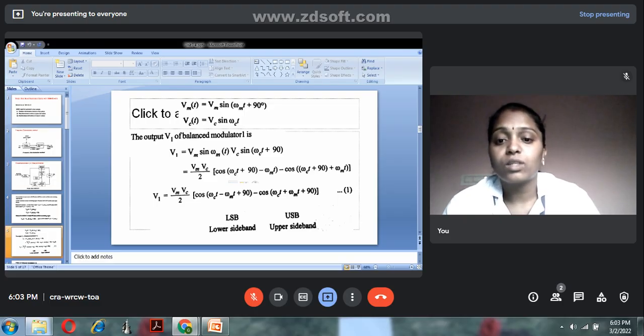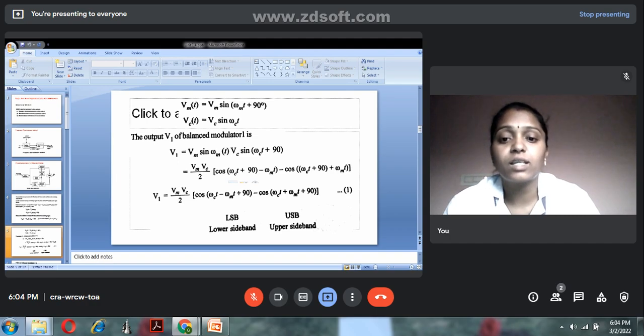Then we can use the sin A sin B formula here. So this will change as Vm Vc divided by 2 into cos omega ct plus 90 minus omega mt, that is cos A minus B minus cos A plus B. So V1 is equal to Vm Vc divided by 2 into cos omega ct minus omega mt plus 90, minus cos omega ct plus omega mt plus 90.